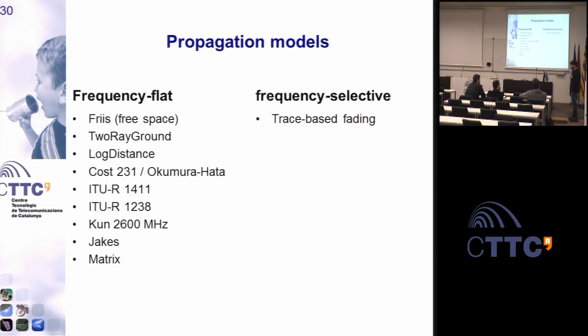What I know of that model is that it uses terrain information in order to calculate the loss between two points, but I do not know the details of that model, frankly. And in general, I would say that terrain or map information has to be specific to some other model. So there is no standardized way of doing this in ns-3. There are just some models that, for specific purposes, can support this.